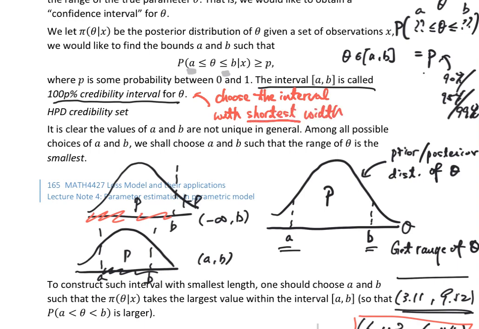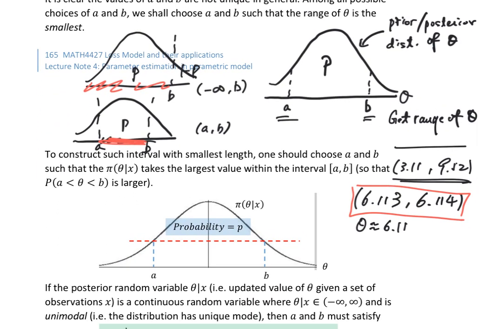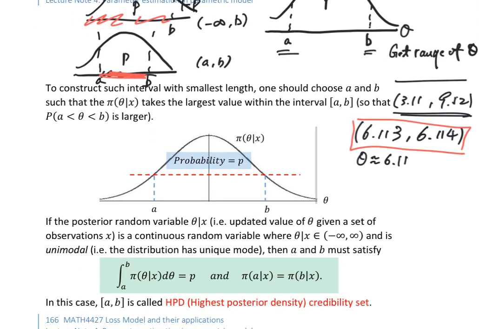Just try to make the length of the interval as small as possible. In order to get this best interval, we can consider the s for which the pi has the largest density.